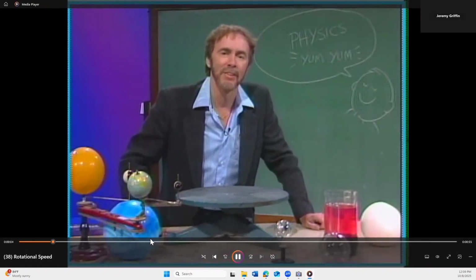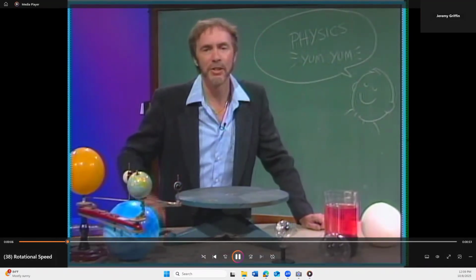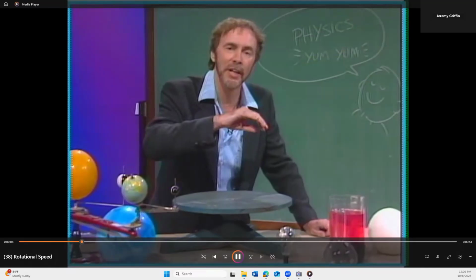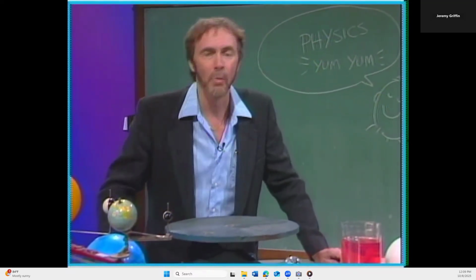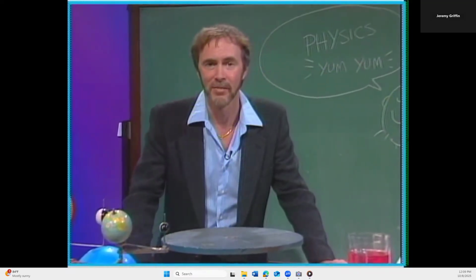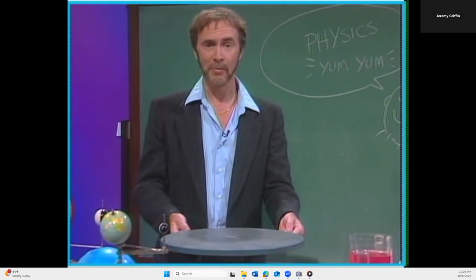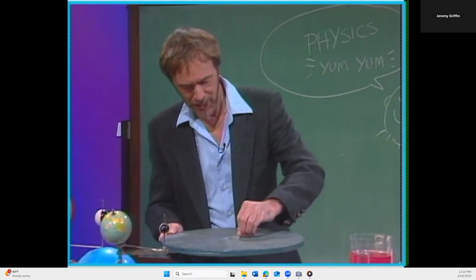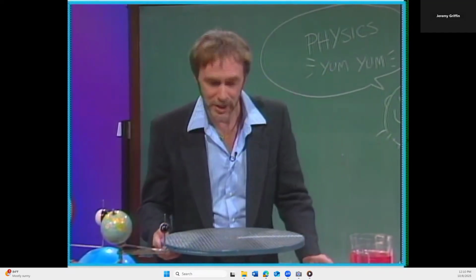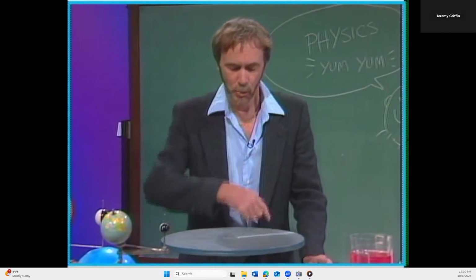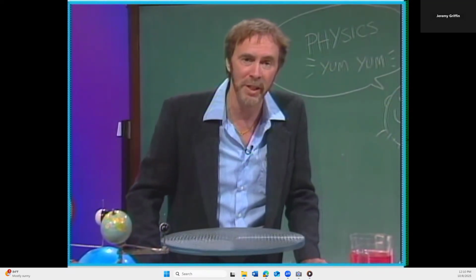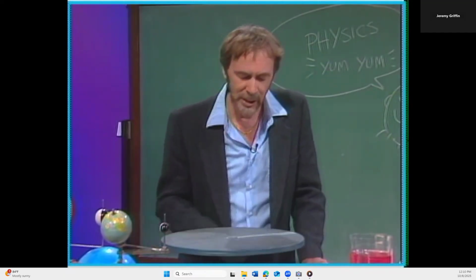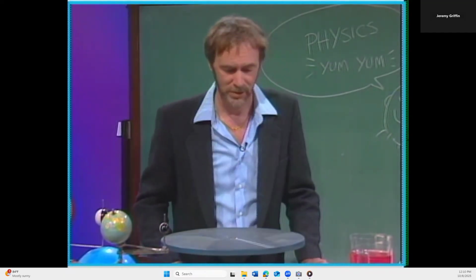Riding on a merry-go-round. When do you travel faster? When you're on the outside horse or on the inside horse? Or do both horses travel at the same speed? Well, it turns out there's two kinds of speeds there. And we can see that with this little make-believe merry-go-round. If I draw a line, rotate the merry-go-round, we see that all parts of the line are traveling the same RPMs, revolutions per minute. But how about the linear speed, like in miles per hour?